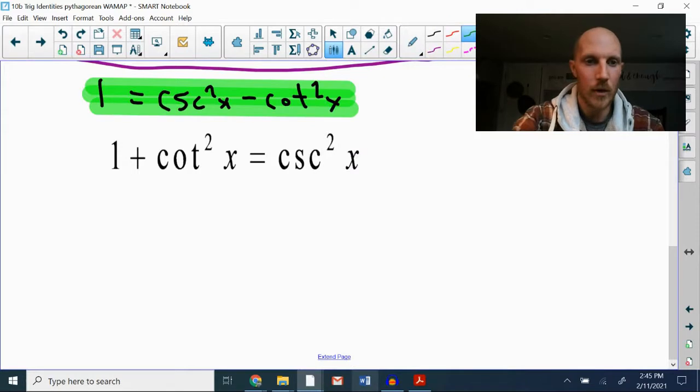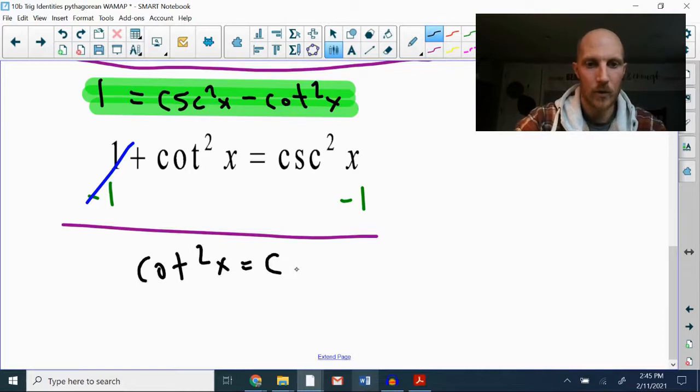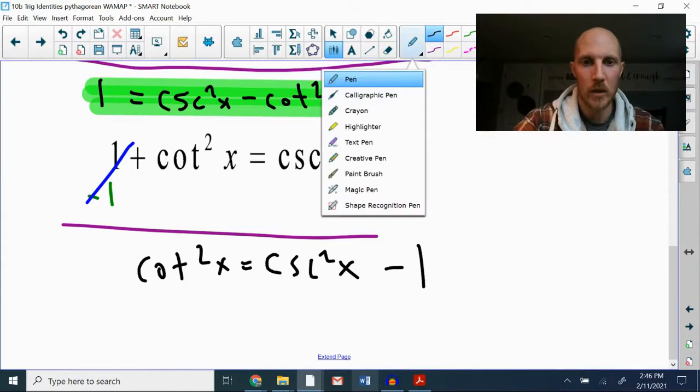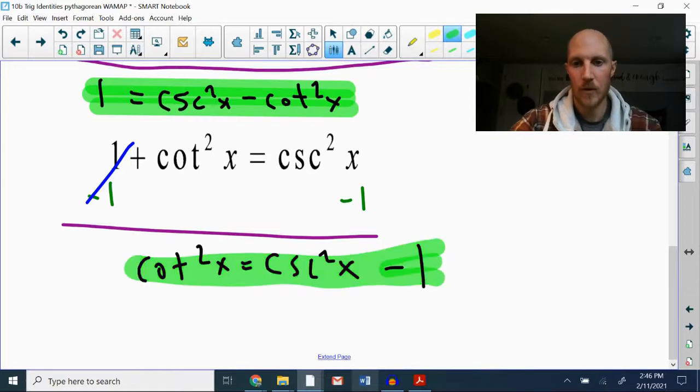So in order to do that, I'll need to subtract this 1. Same operation on both sides. These cancel. Cotangent squared x equals cosecant squared x minus 1. Highlight. Okay, there's our 5th version of the Pythagorean identity.